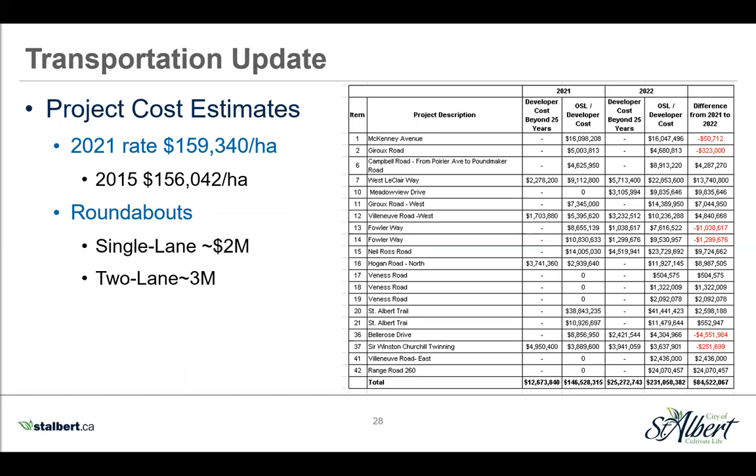Cost estimates for several projects were also updated based on updated reports and adding costs for the roundabouts that are reflective of what they're actually costing to be built. And construction costs were also updated to reflect those construction costs that have been increasing. All road projects, whether they have been city-led or developer-led, seem to be experiencing higher construction costs than submitted estimates.